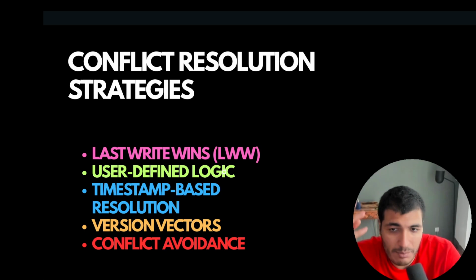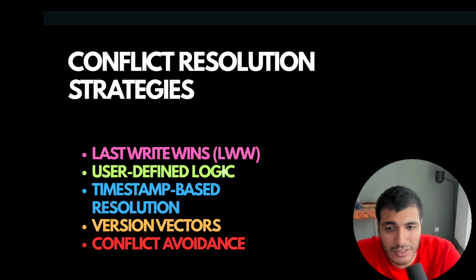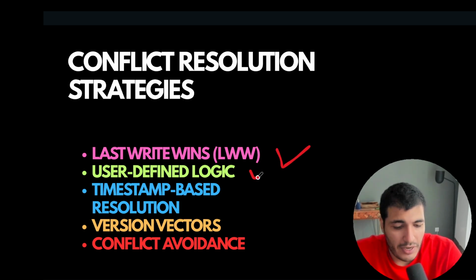For example, if a user updates their profile on node A, and then immediately on node B, the update from node B might override the one from node A, even if node A's update was logically newer based on the user's intent.